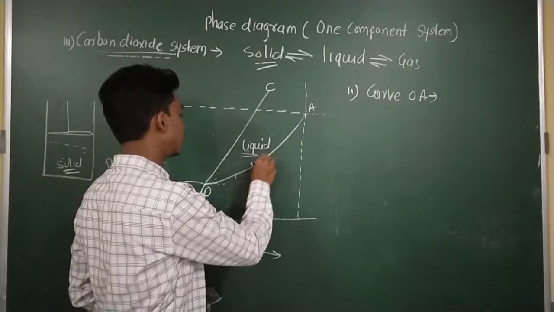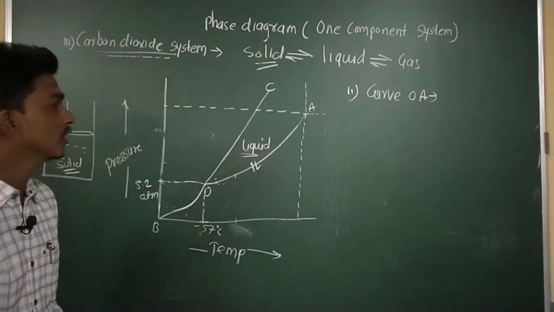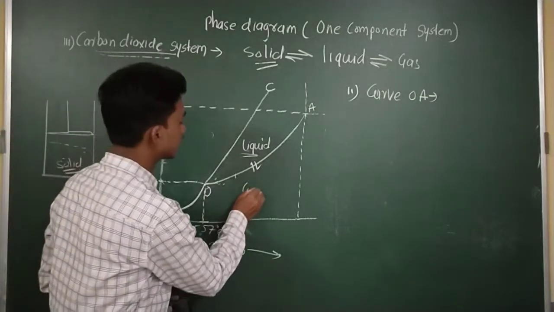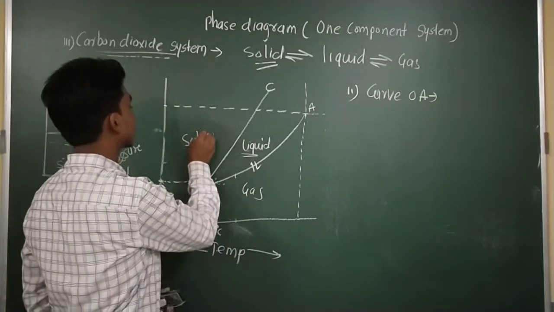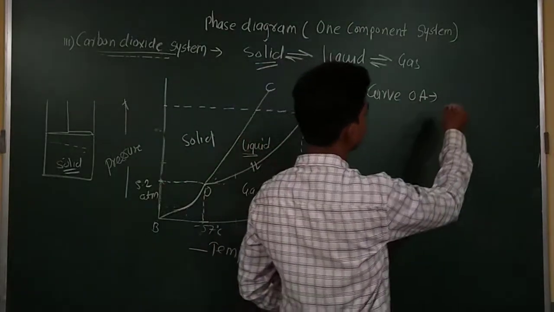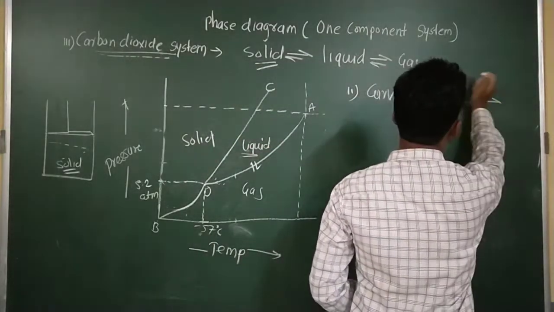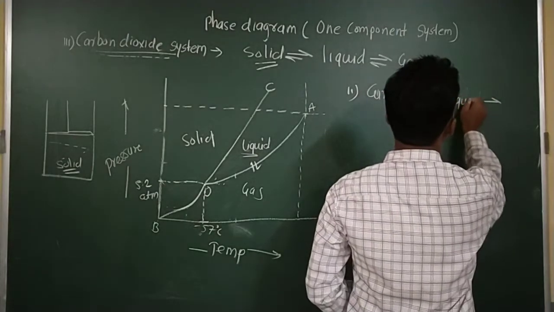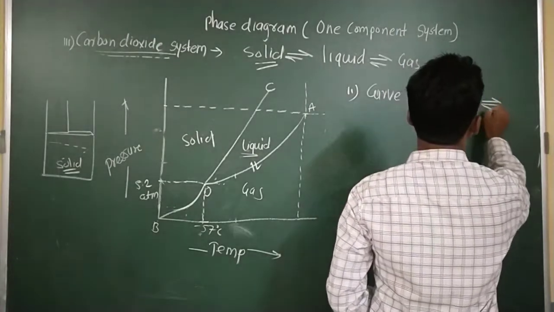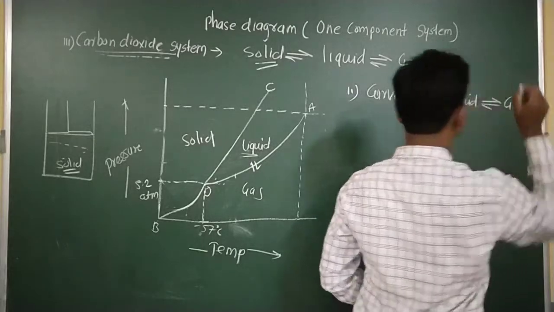Liquid carbon dioxide molecules are in equilibrium with gaseous carbon dioxide molecules. That means liquid is in equilibrium with gas at this curve.